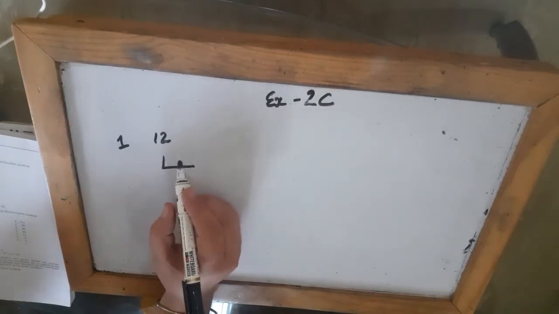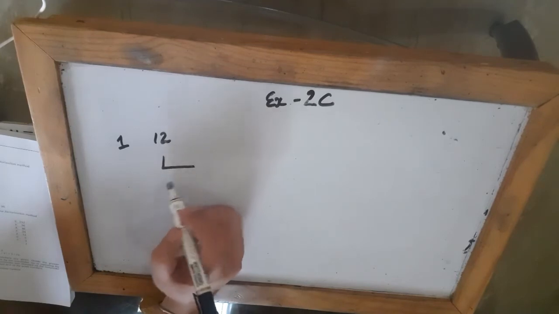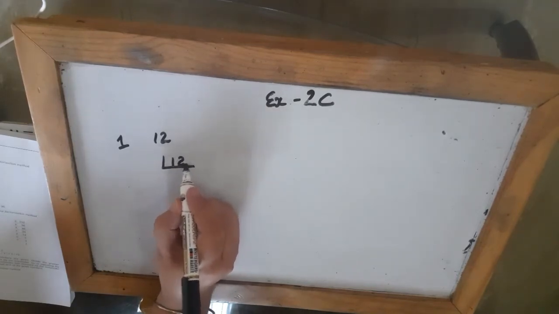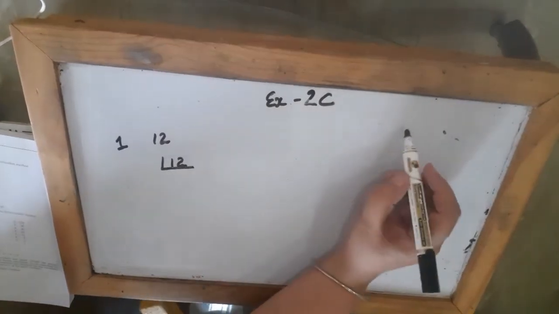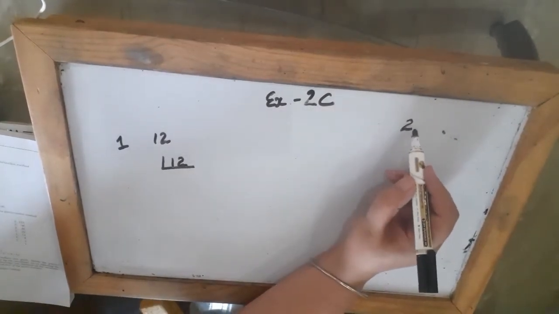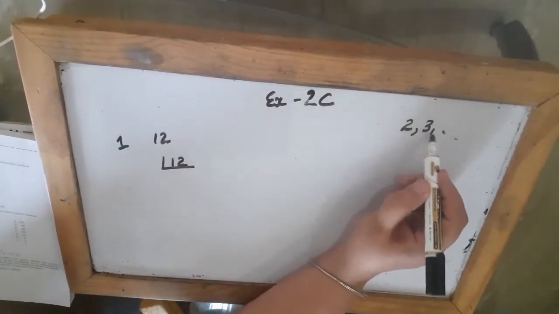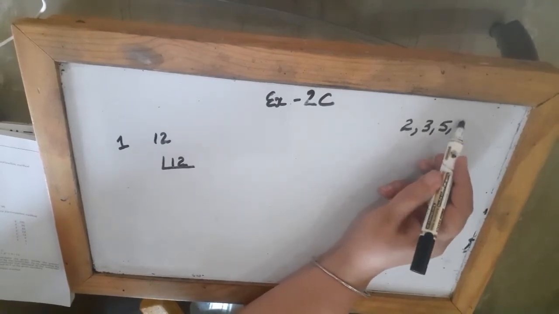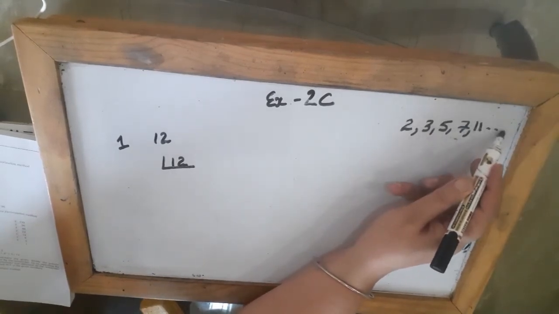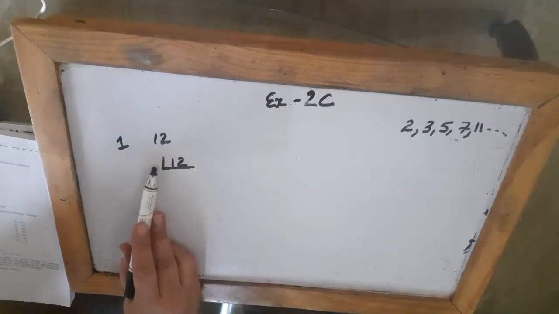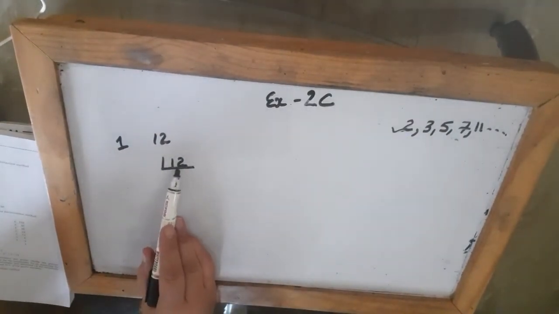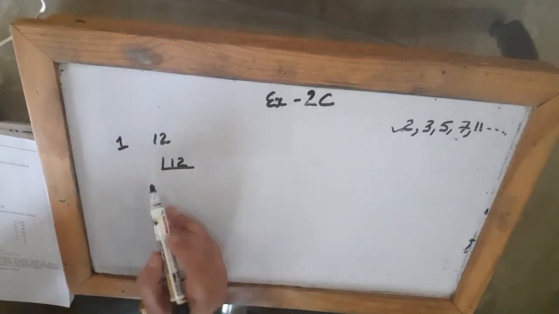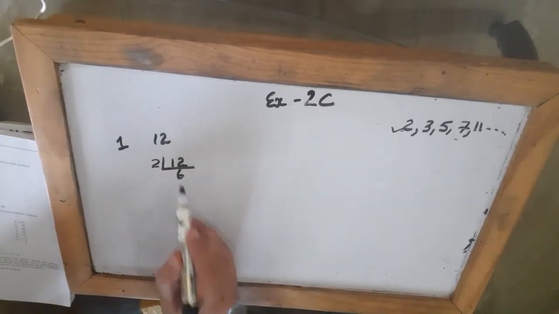In this, you will make a box like this and keep 12 inside, and I will start dividing it with only prime numbers. The smallest prime number is 2, then 3, then 5, then 7, then 11, and so on. So I will start dividing with the smallest prime number. Can you divide 12 by 2? Yes, 2 6s are 12.